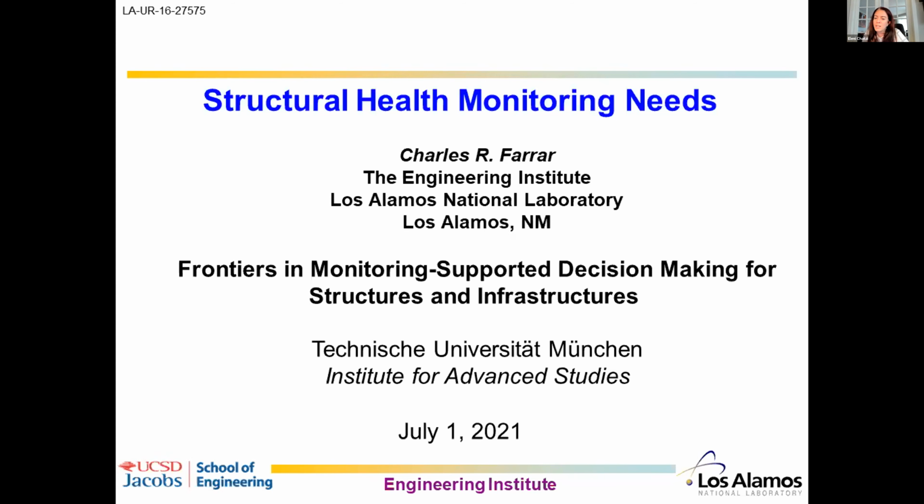As I already mentioned, in the Los Alamos National Laboratory, leading the Engineering Institute within this division. The first 10 years of his career, he has been focusing on performing experimental and analytical structural dynamics studies, covering a wide variety of systems, including nuclear power plant structures under earthquake loading, as well as weapons components that are subjected to various operating environments.